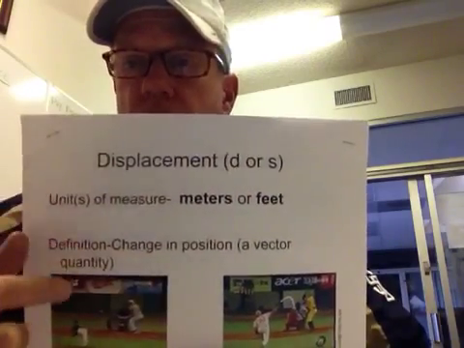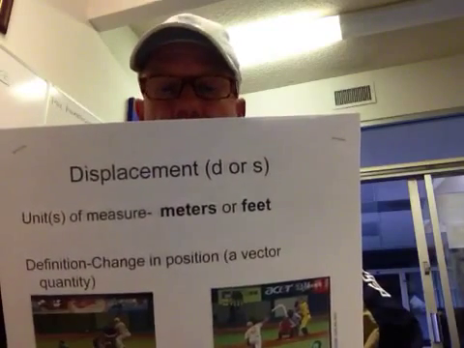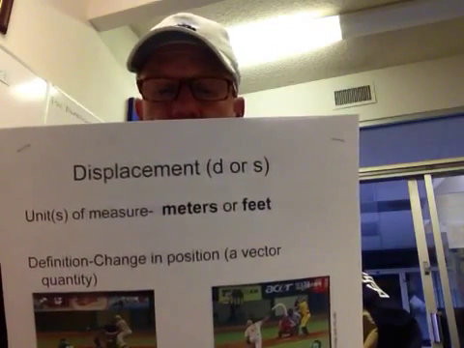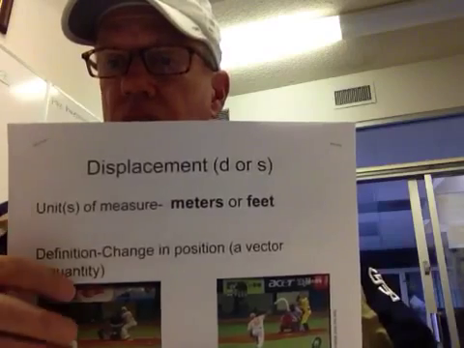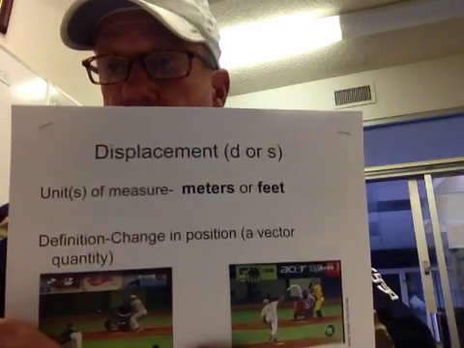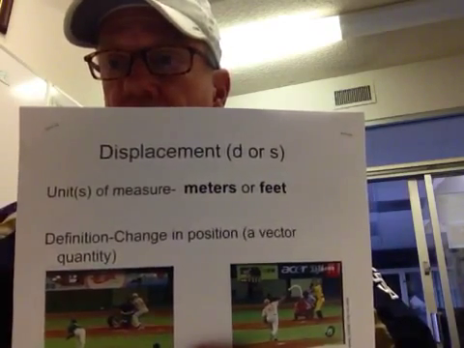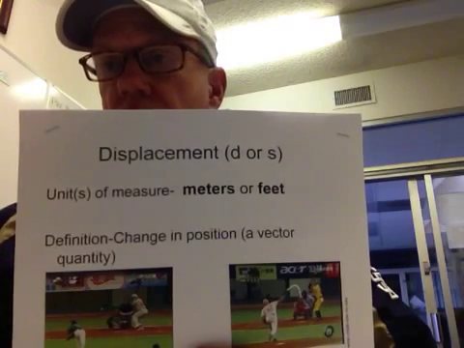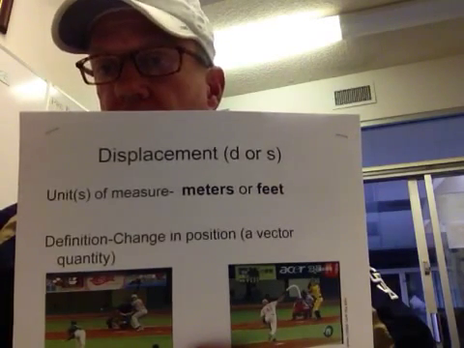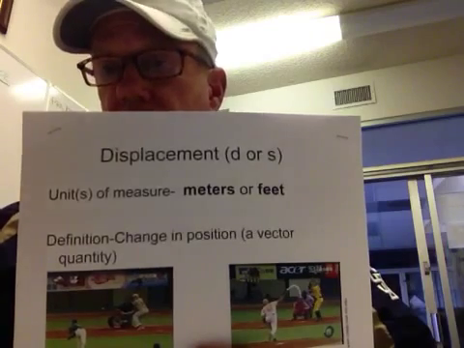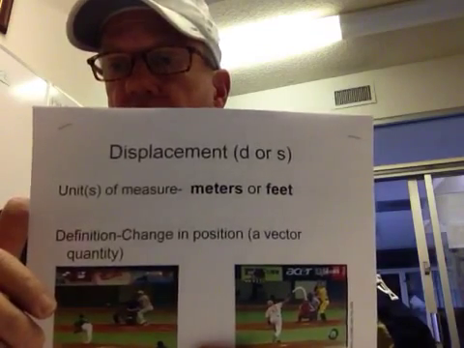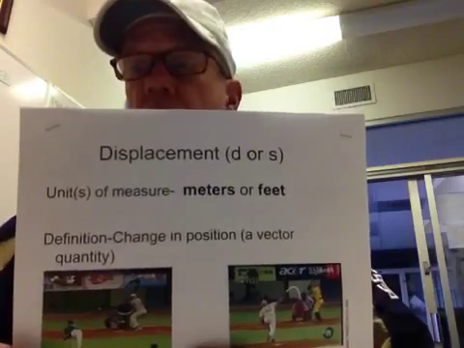S or D. And then the definition of displacement is the change in position, and it is a vector quantity. That means that all the summary movement can be graphically depicted as a vector which shows magnitude and direction.